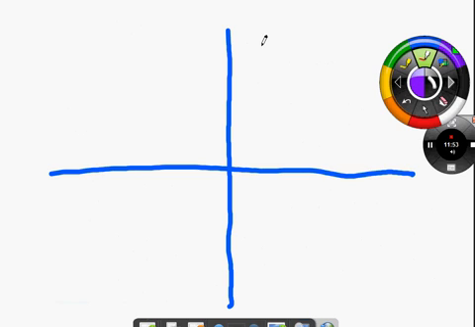Just use a different color there. So there you go. And then using the red color, we put 5 there. And our turning point was 5 and negative 27. So I'm just going to put negative 27 there.